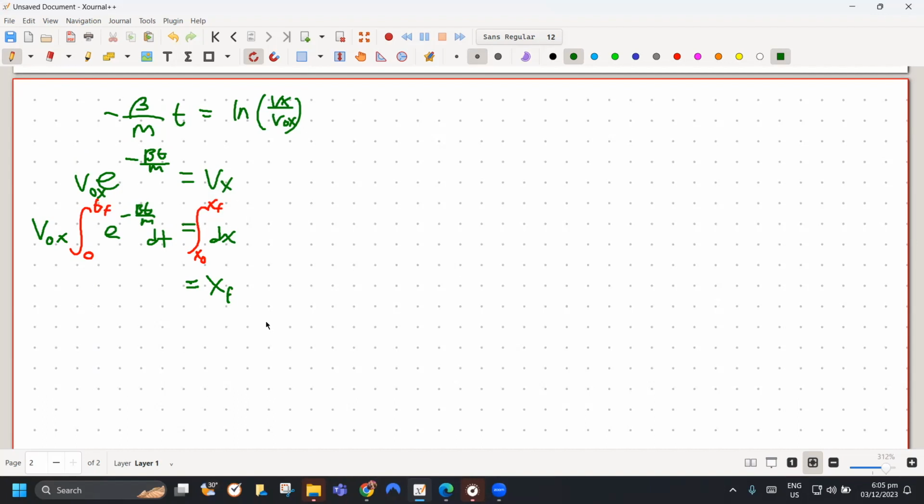Okay, kung steps. So, yung antiderivative ng 1 is x, di ba? Evaluate natin yan from x0 to xf. Hindi zero yung initial position. This is zero. x sub 0, may subscript lang.